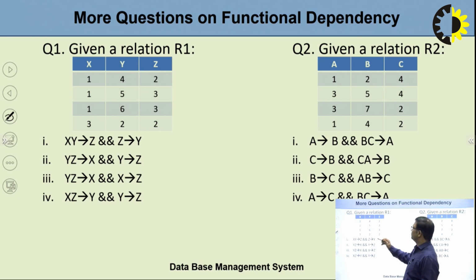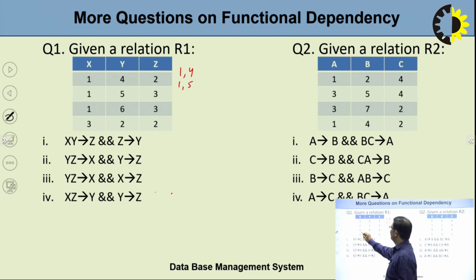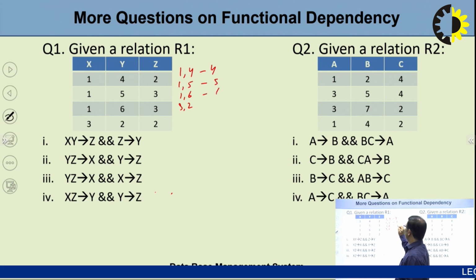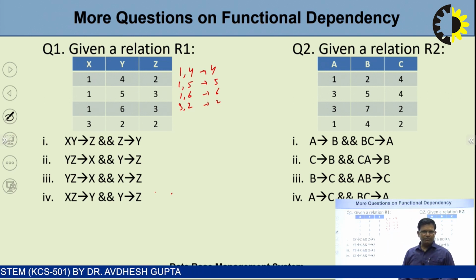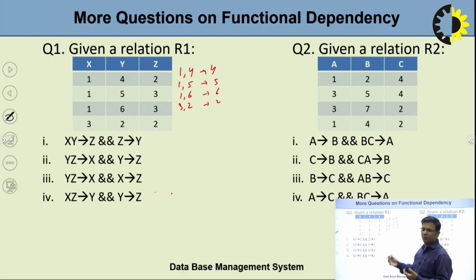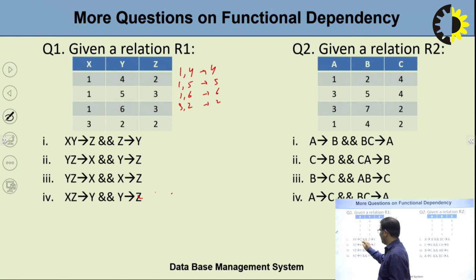In the first case, xy to z and z to y: xy 1 4, xy 1 5, xy 1 6, xy 3 2, all different. And you have to identify 4, 5, 6, true. Right hand side single attribute, and left hand side also single. So xy tends to z is true.